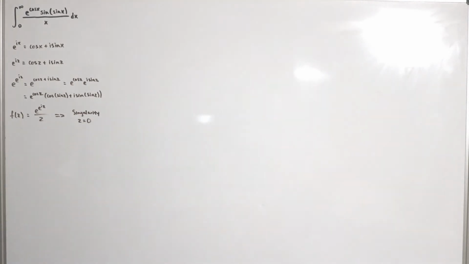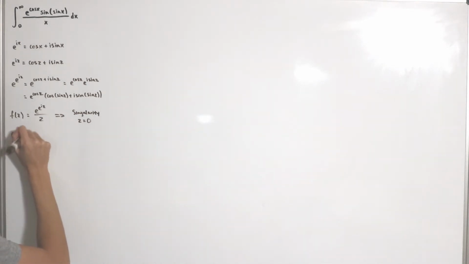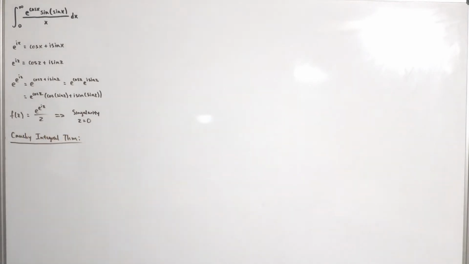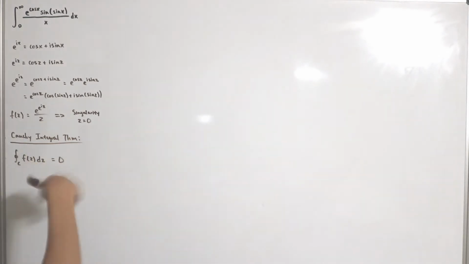This is known as Cauchy's integral theorem, and it says that if we have some piecewise smooth curve that is a loop, so it meets back at its terminal point when you're drawing the path, then the contour integral over your curve C of the function f of z dz is equal to 0. That's over some curve.